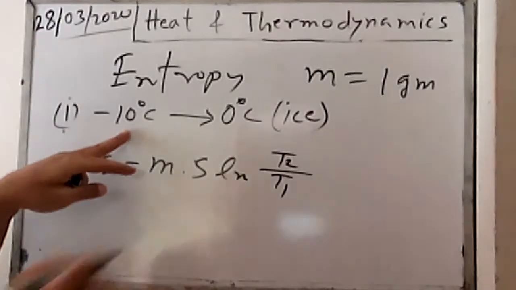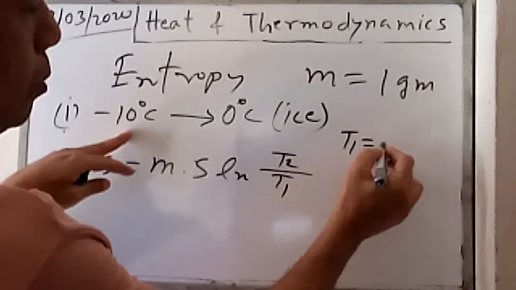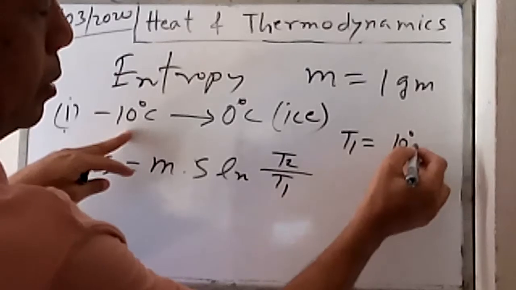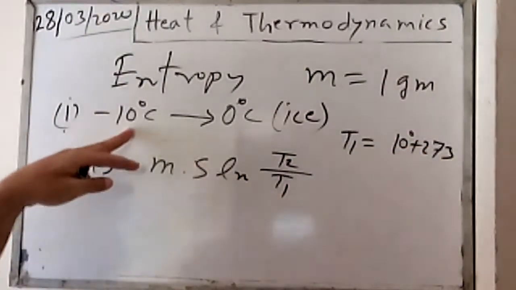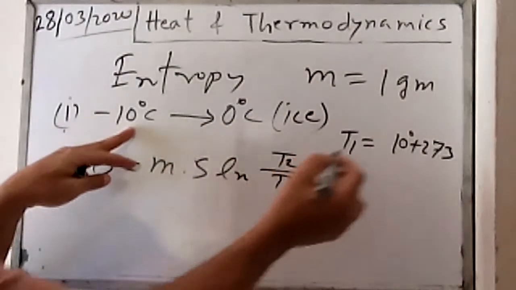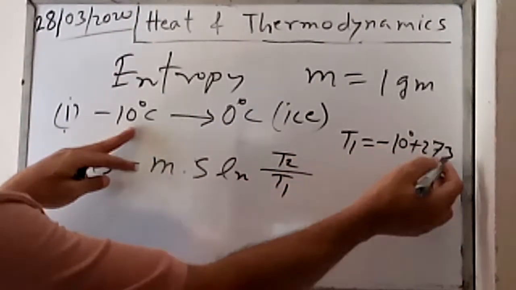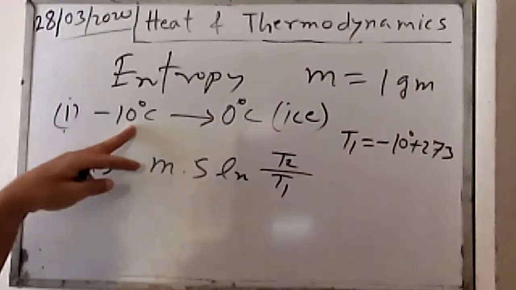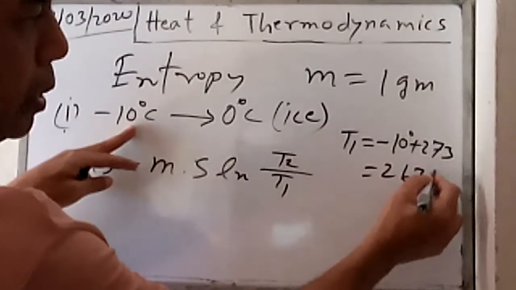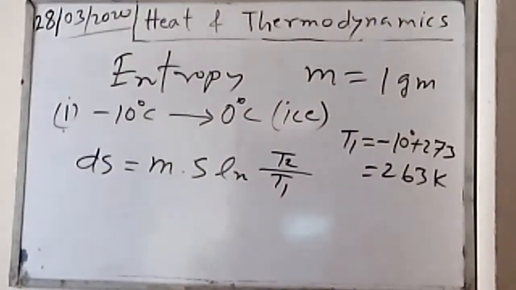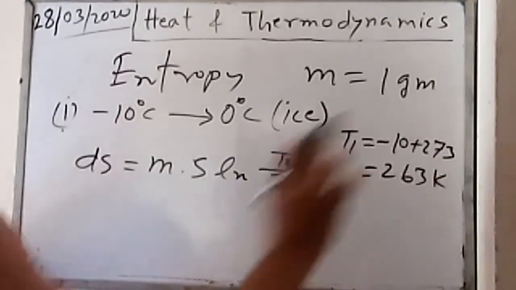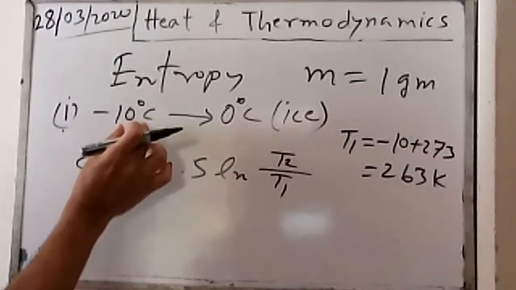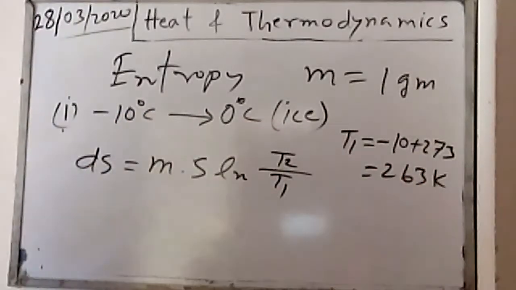T1 equals minus 10 plus 273, therefore it will be 263 Kelvin, just converting degrees Celsius to the Kelvin scale.